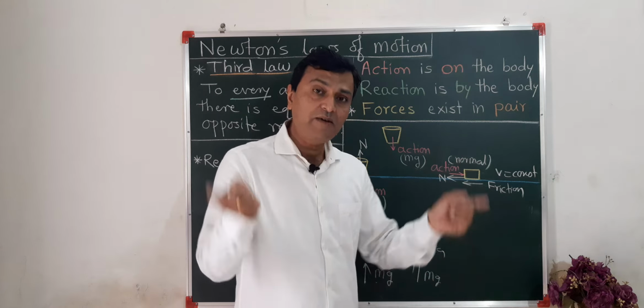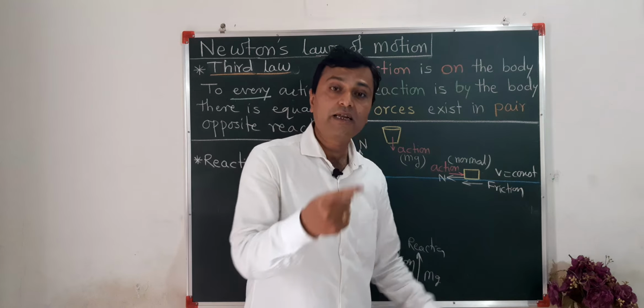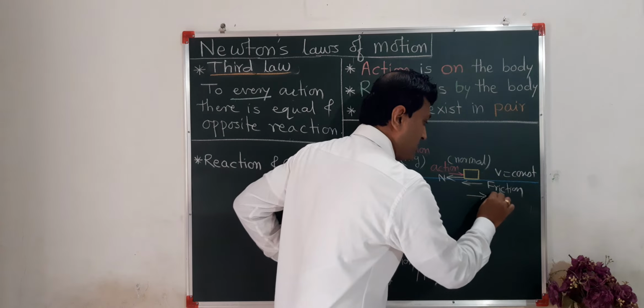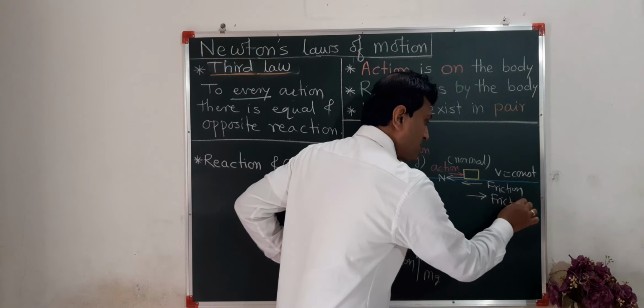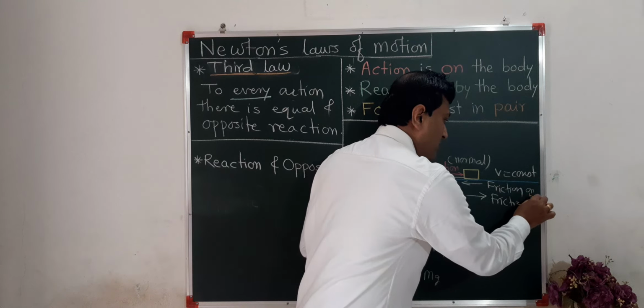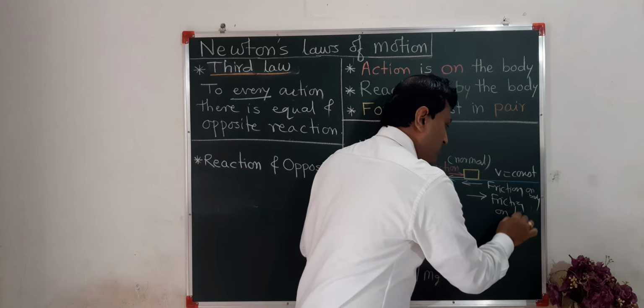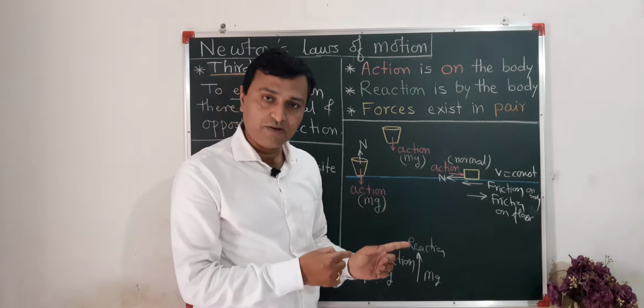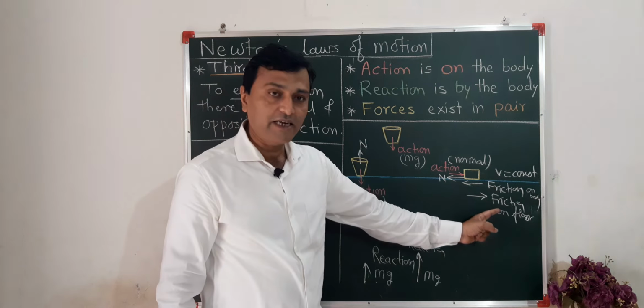Means there must be a frictional force on this floor, blue color floor. There must be frictional force in this direction. This is on the body. This is on floor. Now you can observe that there is action reaction pair.